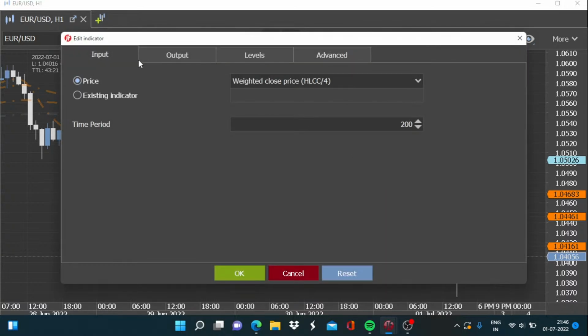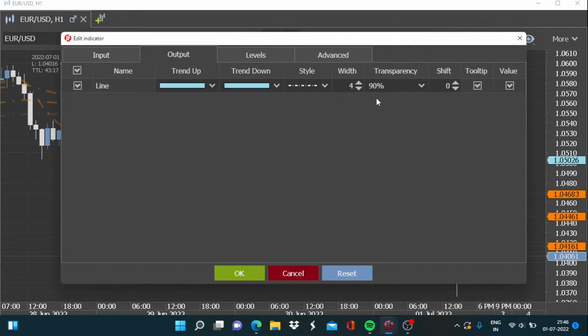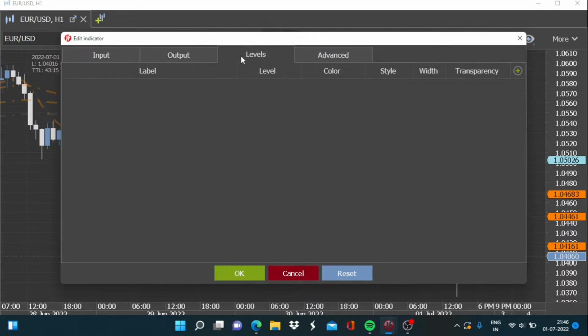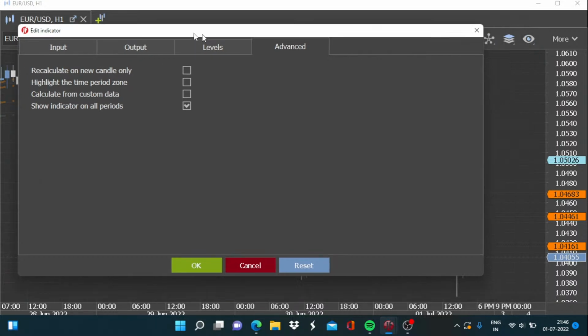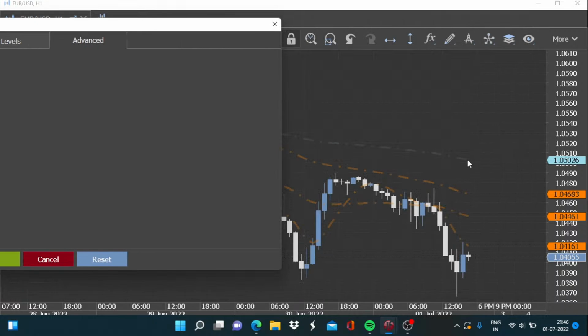So this is the 200 WMA, the weighted moving average plotted on the hourly time frame. Now let's consider the levels and some advanced options. So we have these options of calculation being done on only new candle. If you observe the WMA's pricing closely, you will see that the WMA's price will move as per these ongoing candles' price move.